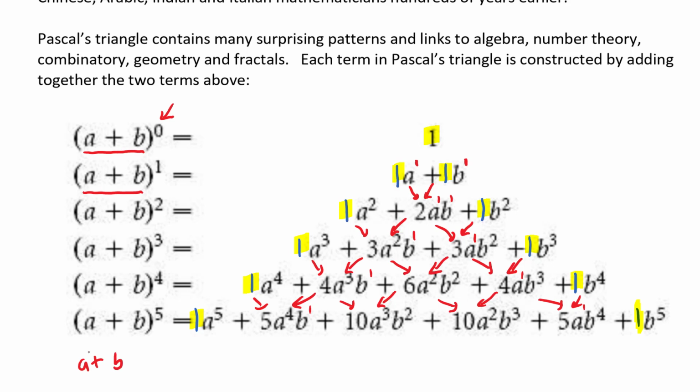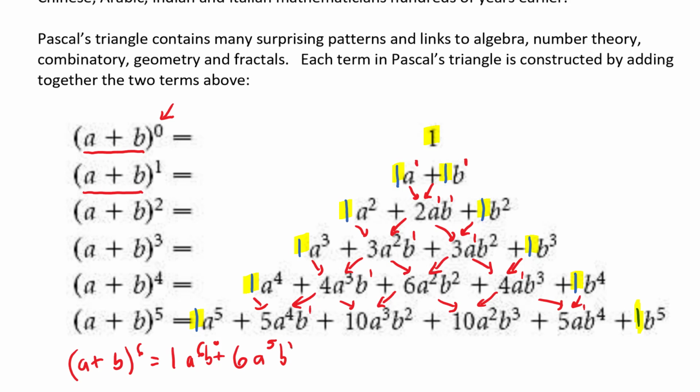A plus b raised to the exponent 6. Well, we're going to have 1, a to the 6. We then have plus 1 plus 5 is 6, a. So this goes down by 1, a to the 6 goes to a to the 5, and then technically there was a b there, it was just to the exponent 0. This goes up by 1.